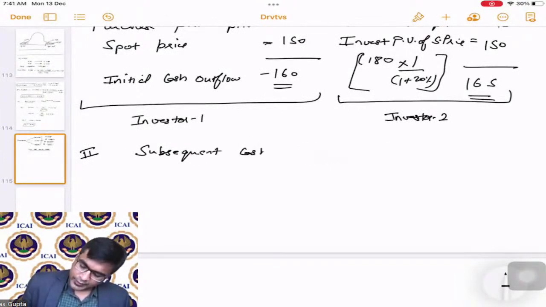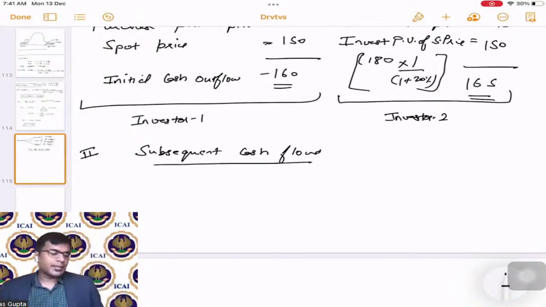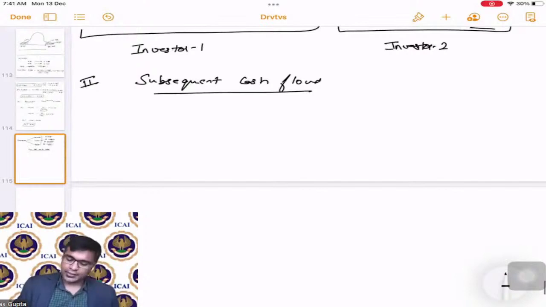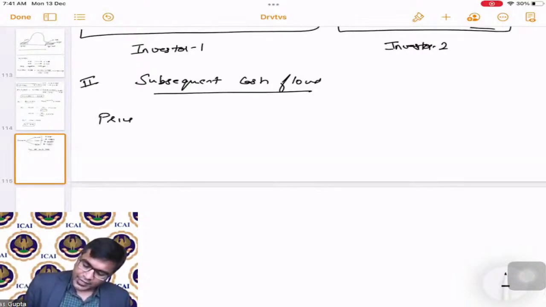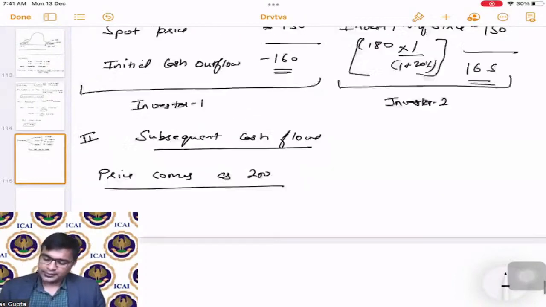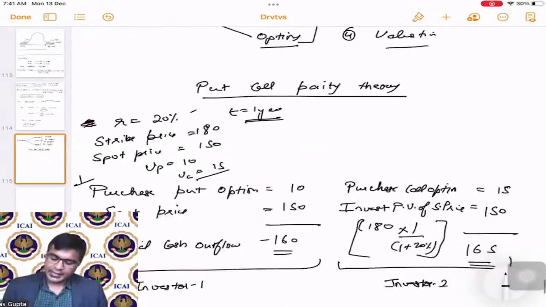Subsequent cash flows. Now under subsequent cash flows, students, please note, we will take different scenarios. If the actual spot price comes as 200, correct? We have said that there are two types of options: value of put option, value of call option. Strike price is 180, current spot price is 150.